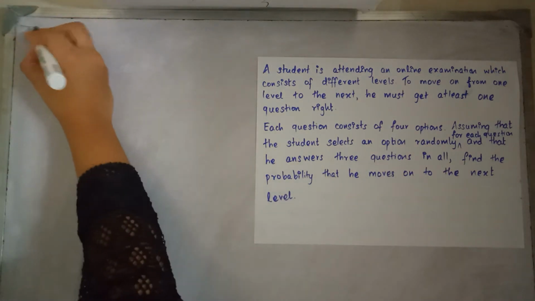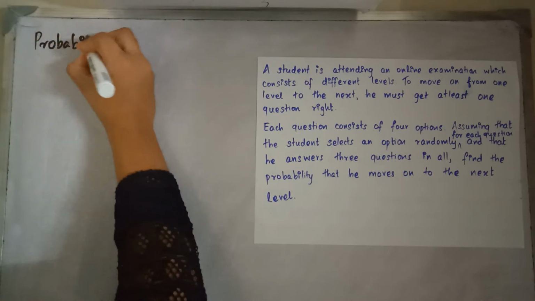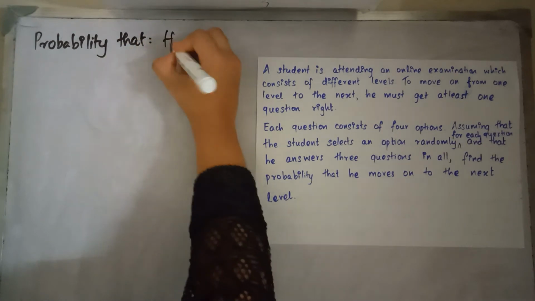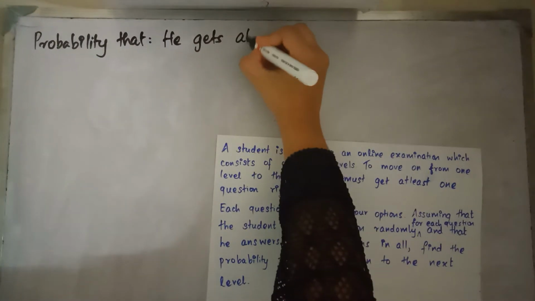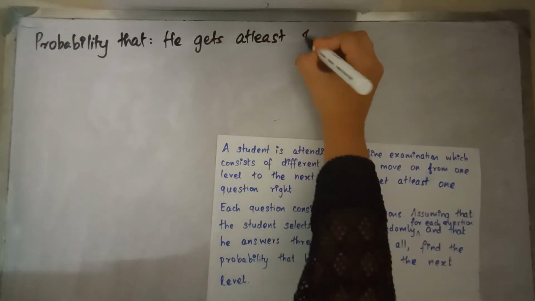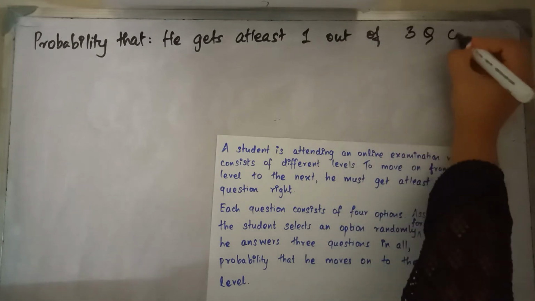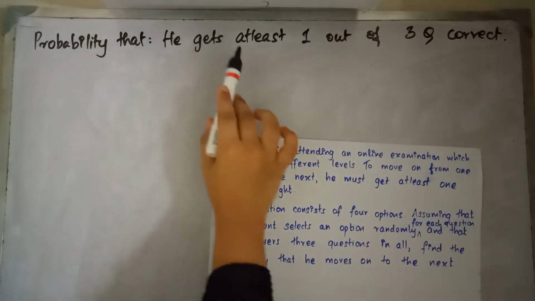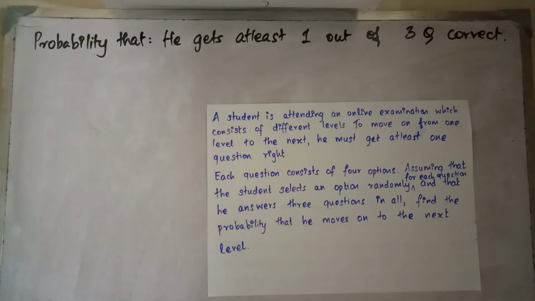So, the question wants you to find out the probability that he gets at least 1 out of 3 questions correct. This is what you have to find out, because if he gets at least 1 out of 3, then he can move on to the next level.